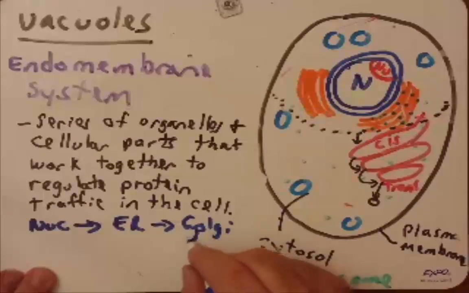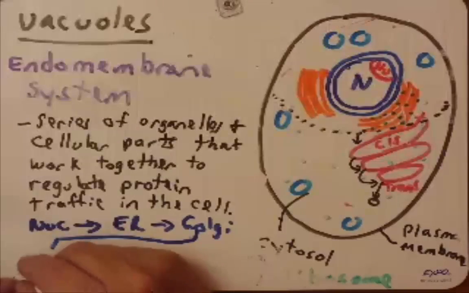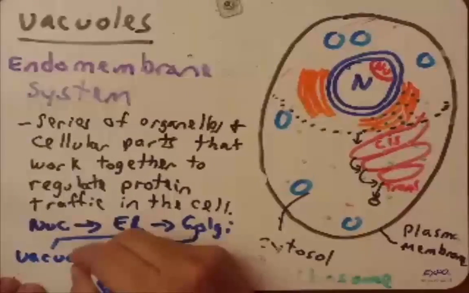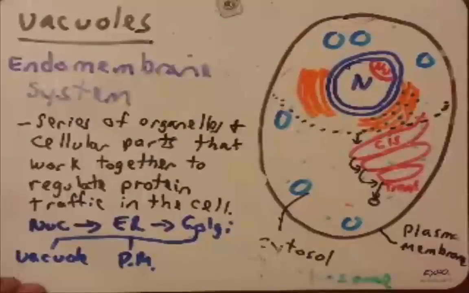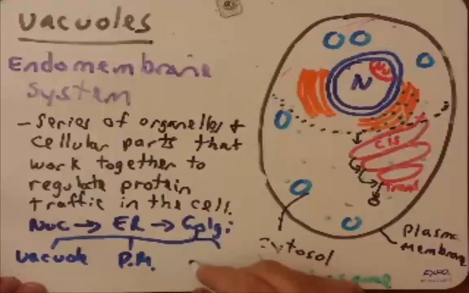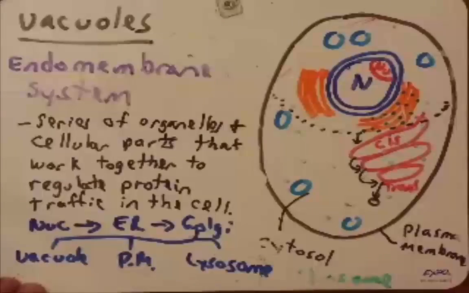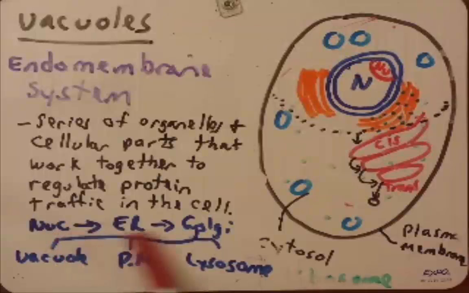From the Golgi, it could go to either a vacuole, the plasma membrane to export it outside of the cell, or the lysosome to have that particular protein either degraded in the lysosome, or maybe it's the protein that needs to function in the lysosome, like one of those digestive enzymes. All of these organelles are important in the endomembrane system for trafficking proteins.